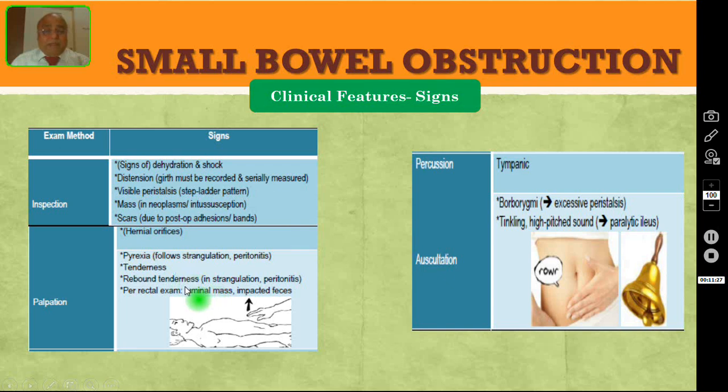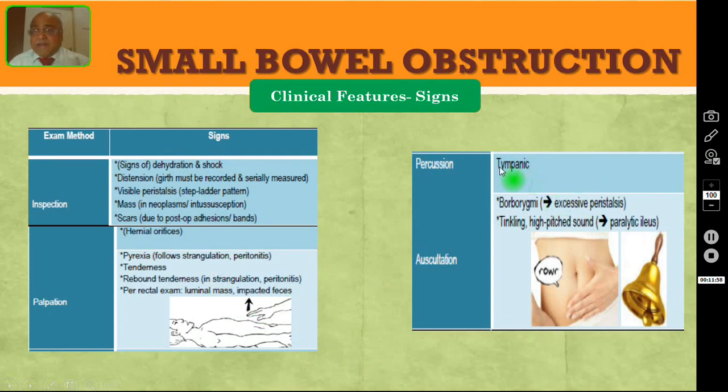But in small bowel obstruction, if the patient is also having generalized abdominal tenderness and rebound tenderness, probably the bowel has already gone for strangulation. The next stage is perforation. If the patient is perforated and already going for perforative peritonitis, apart from rebound tenderness, the patient also will have board-like rigidity. That also you have to remember.